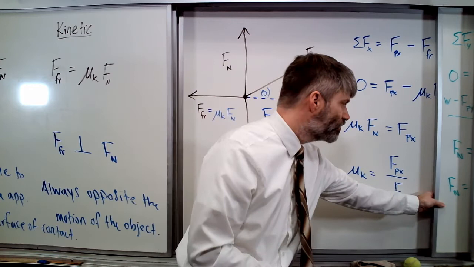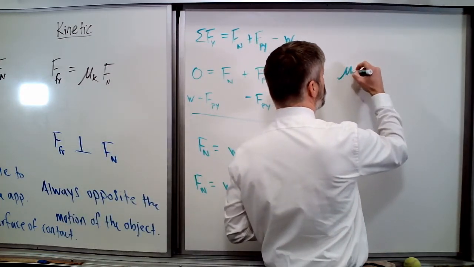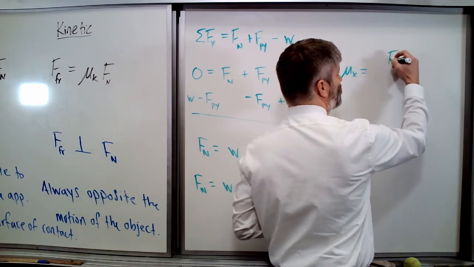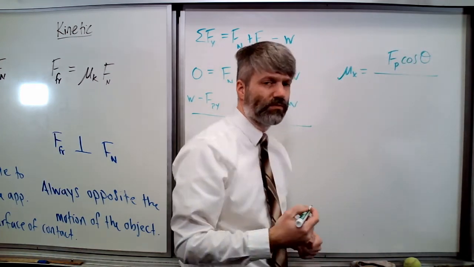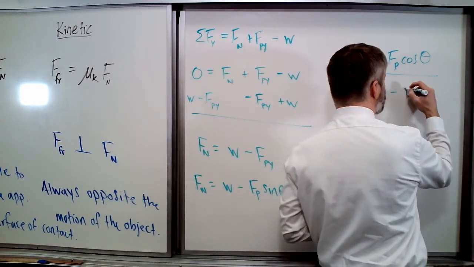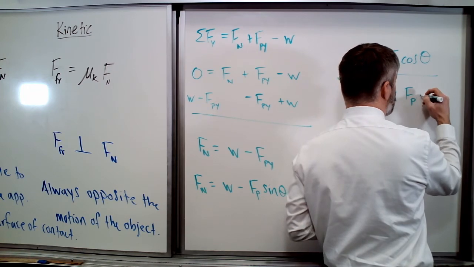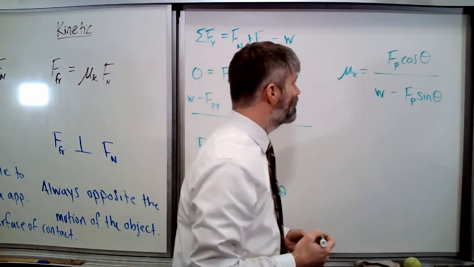All right, so we're going to have mu k is equal to Fp cosine of theta divided by the normal force, which is the weight minus Fp sine of theta.